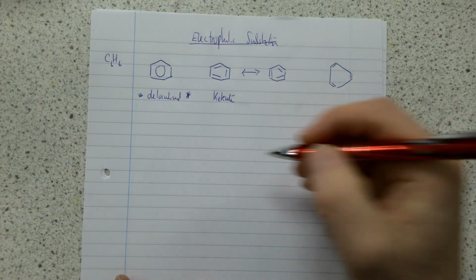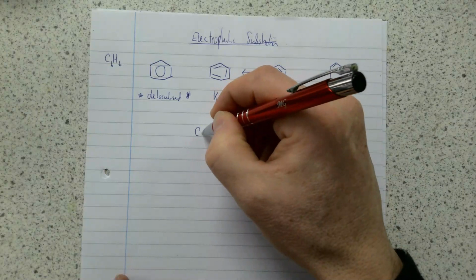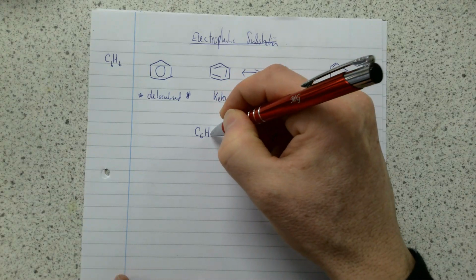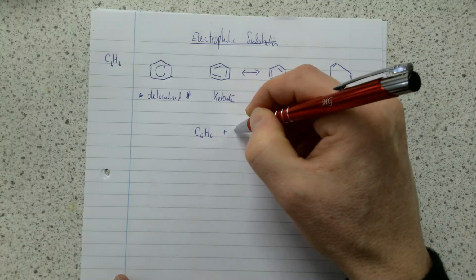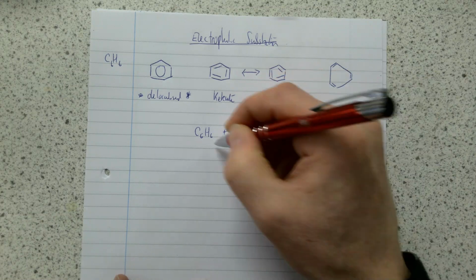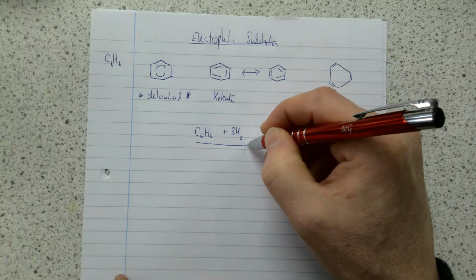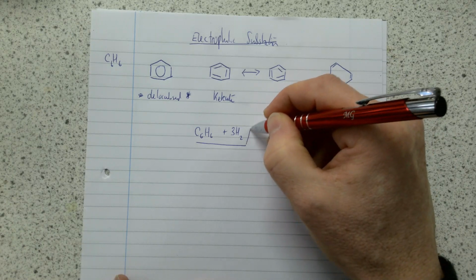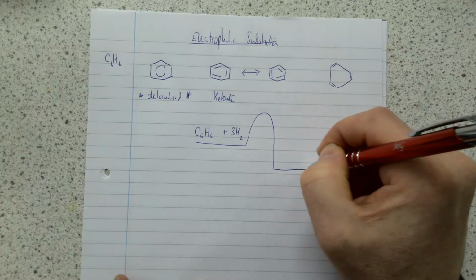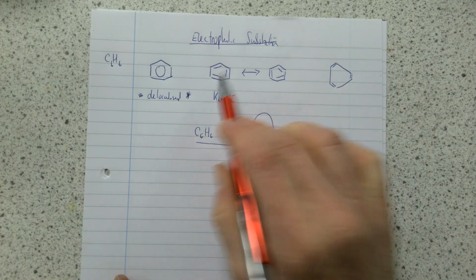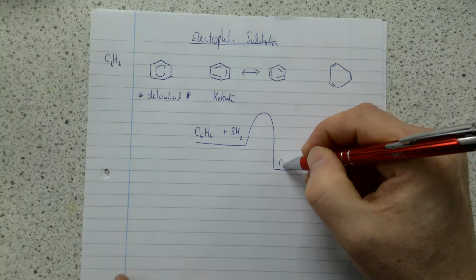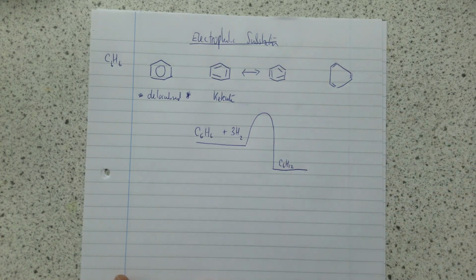We can also see it from some other processes. Again, I can't remember whether you've covered this, but we can look at the enthalpy of hydrogenation. We react benzene with H2 and get cyclohexane, and that is an exothermic reaction. You were taught about benzene being stable, but cyclohexane is actually more stable, which is slightly surprising and confusing for people.